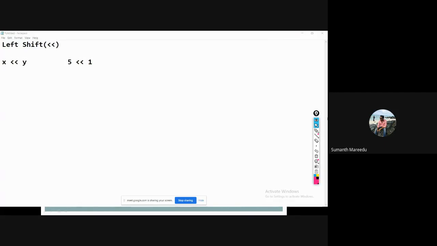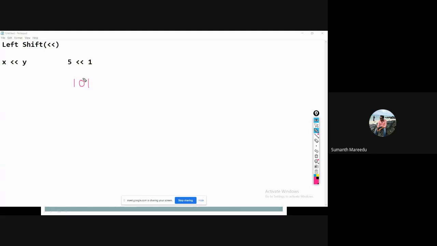The actual value is 1, 0, 1, and I'll simply prefix this with zeros. So totally I require 8 positions, that means 1 byte, at least 1 byte for representing any number. Some numbers require more than 1 byte.